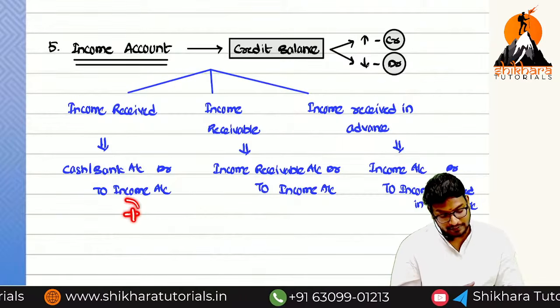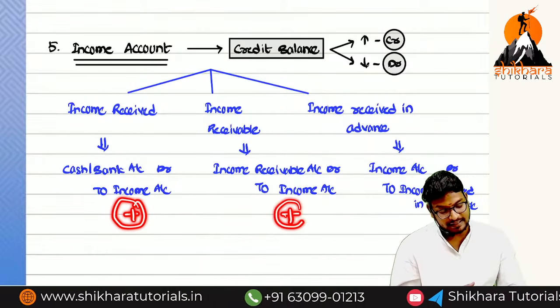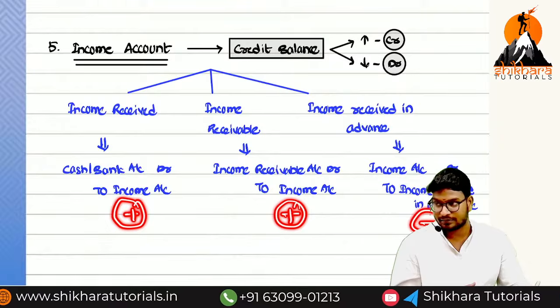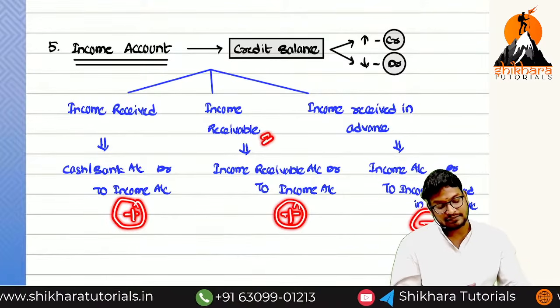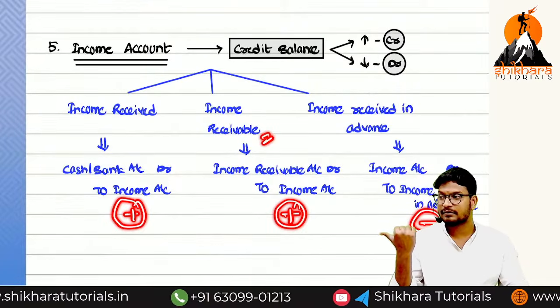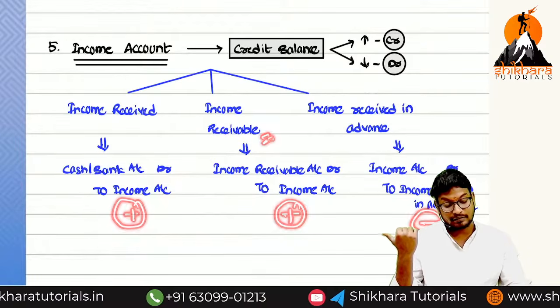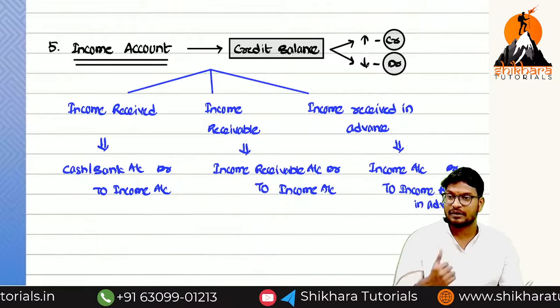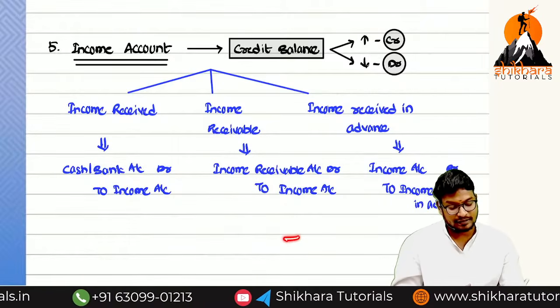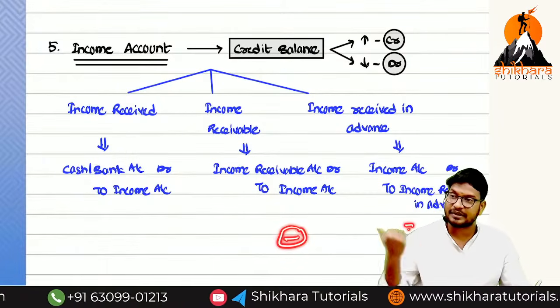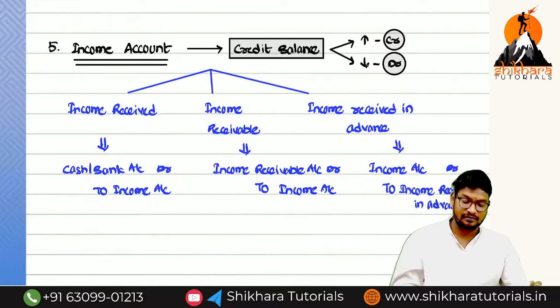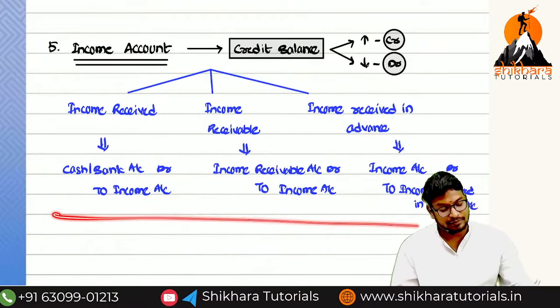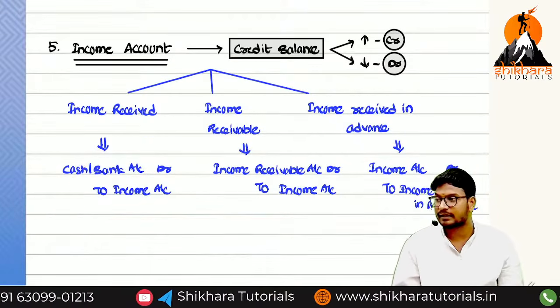This one we have to add, this one we have to add, and this one we have to reduce. Income receivable of the previous year means we have to less. Income receivable of the current year means we have to add. Income received in advance in the previous year means we have to add back. So first we put these items, and then afterwards we can collect those items also.